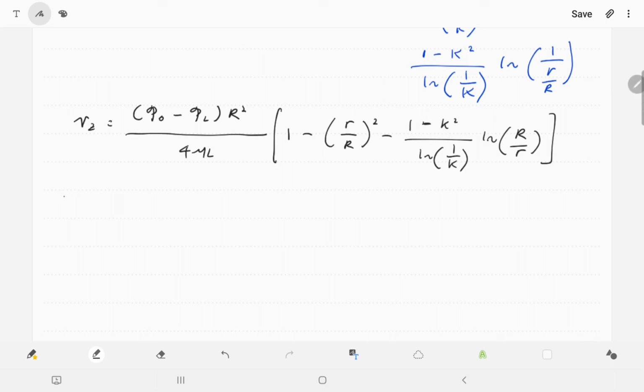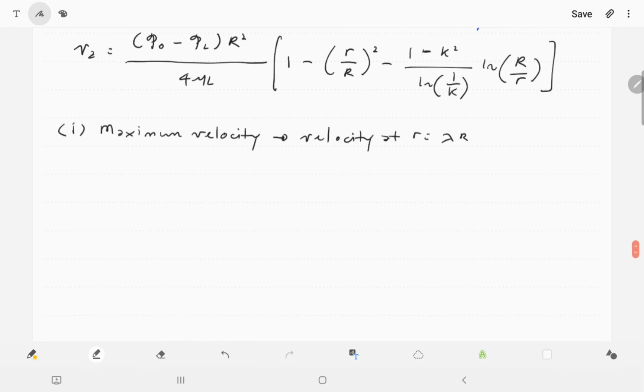Then we can get other quantities of interest. The first one will be the maximum velocity. The maximum velocity will be equal to the velocity at r equal lambda R, so we just substitute the value of lambda R inside.